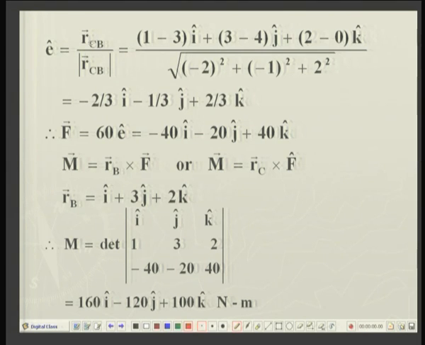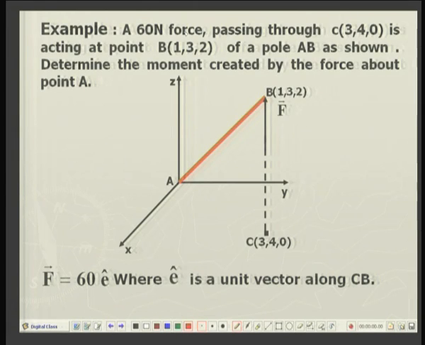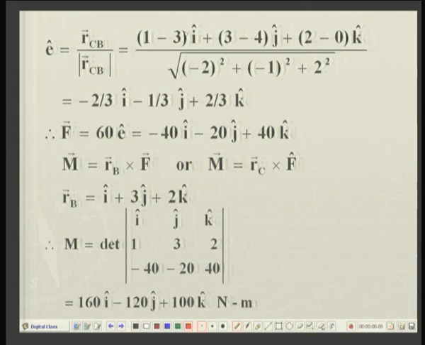The vector RCB will be the difference between the corresponding coordinates: 1 minus 3 for the x coordinate, 3 minus 4 for the y coordinate, 2 minus 0 for the z coordinate. Accordingly, I divide by its magnitude, the square root of the sum of the squares: minus 2 squared plus minus 1 squared plus 2 squared. This gives me the unit vector. You can check that its magnitude comes out to be 1.